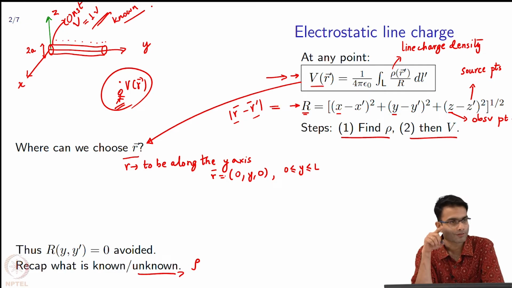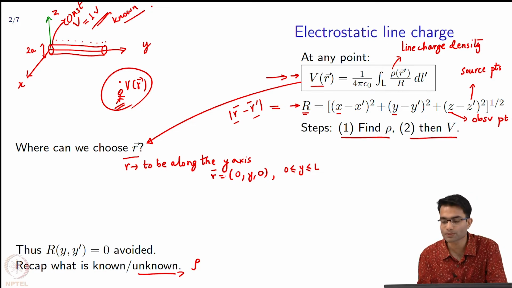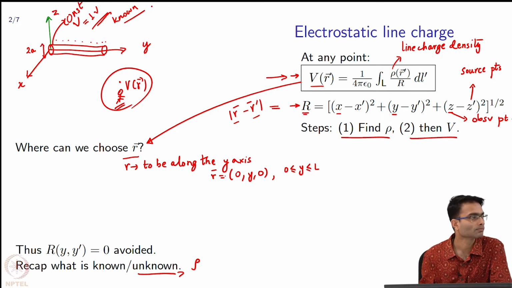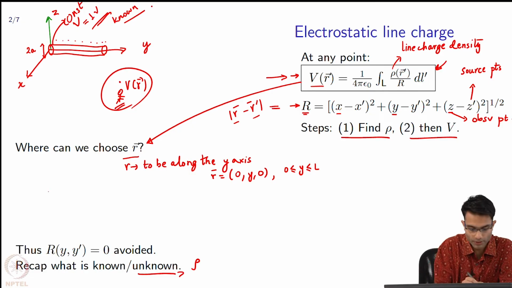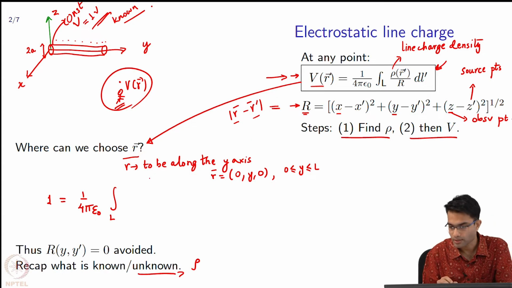Okay. For these points, I know the potential, right? So the left hand side of this equation, what does it become? It's 1. I know it, it's 1 volt, right? So I will write 1 is equal to 1 by 4 pi epsilon naught, integral over L of rho of y prime, let's make this R prime, dy prime.